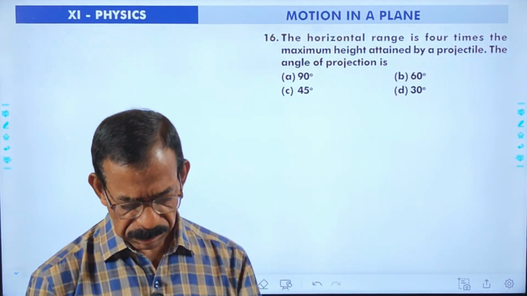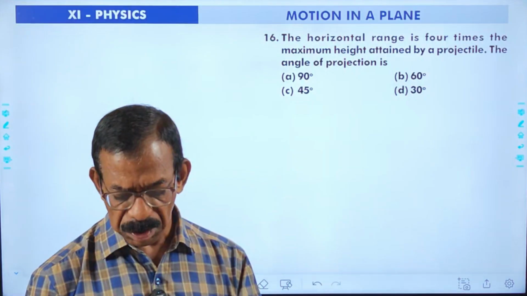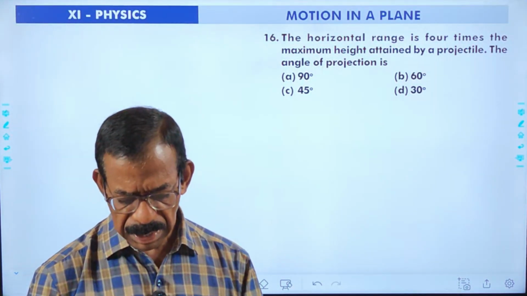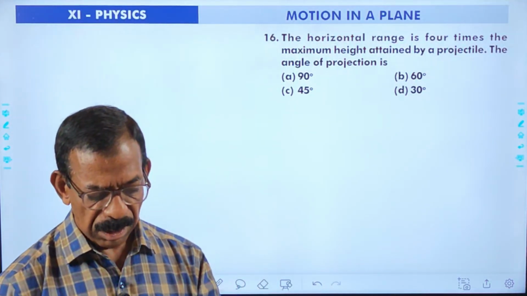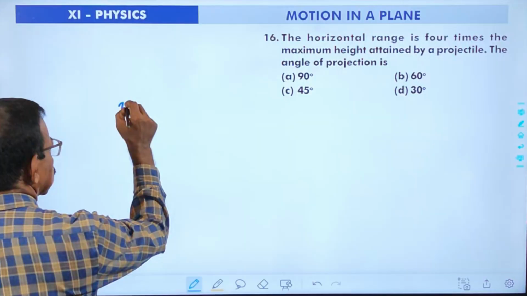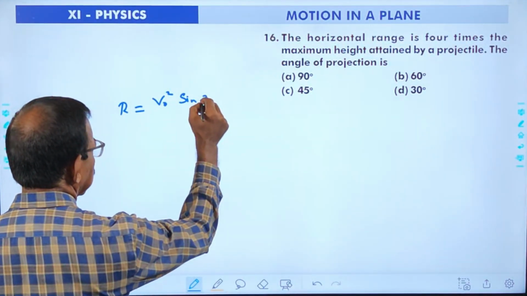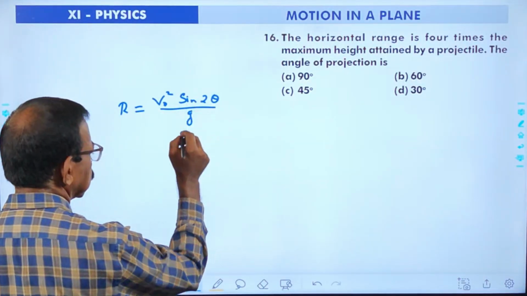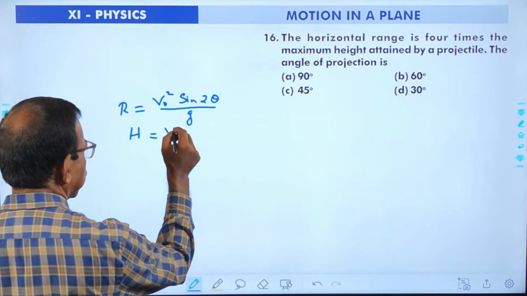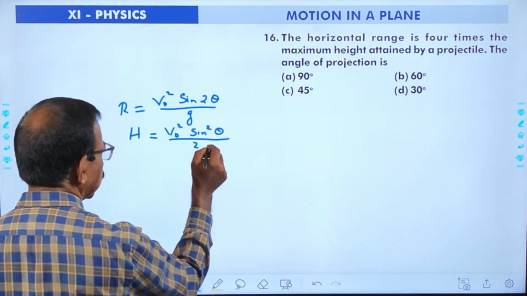Next question is question number 16. The horizontal range is 4 times the maximum height. Then the angle of projection is? We know that horizontal range R equals V0 square sine 2 theta by G. And the maximum height is V0 square sine square theta by 2G.